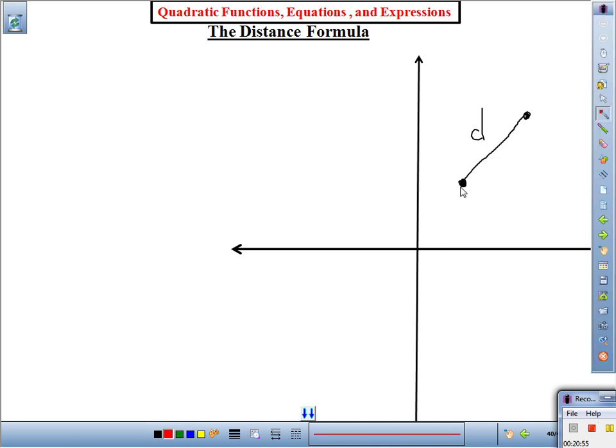That I need to find this distance? Yes. So that means I need to find that distance. Yes. So let me give you the coordinates for this point. X sub 1, y sub 1. How about this point? X sub 2. How about this? Y sub 2.